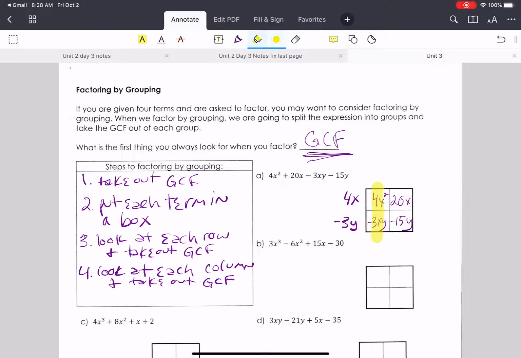Positive or negative? Positive. The first one's positive. So we leave it positive. Good. X. Okay. Now let's look at this column. Is there a GCF? 5. Very good.